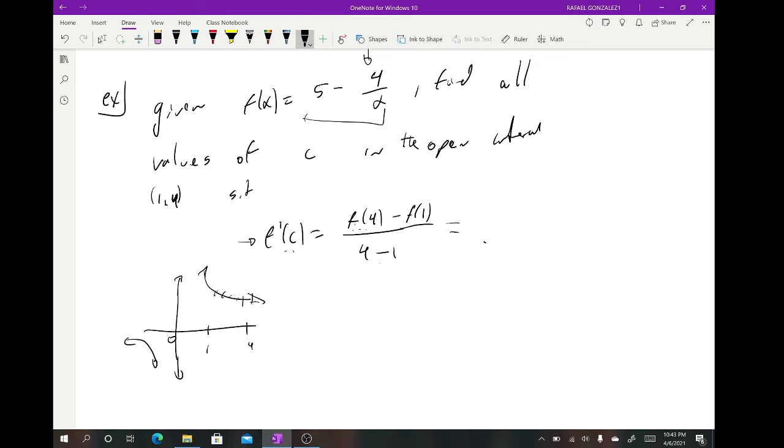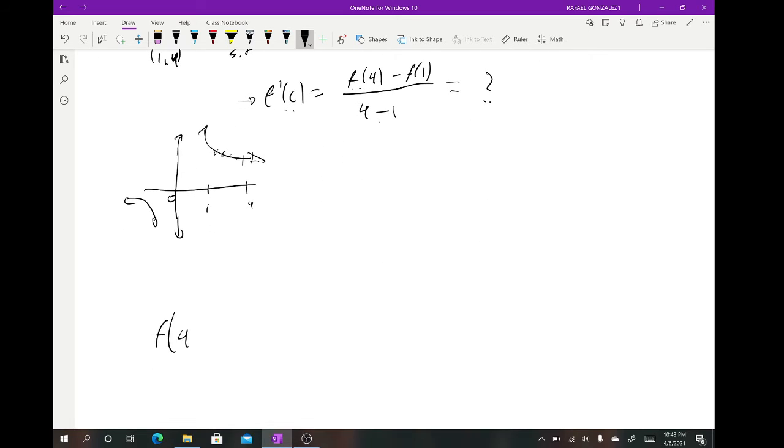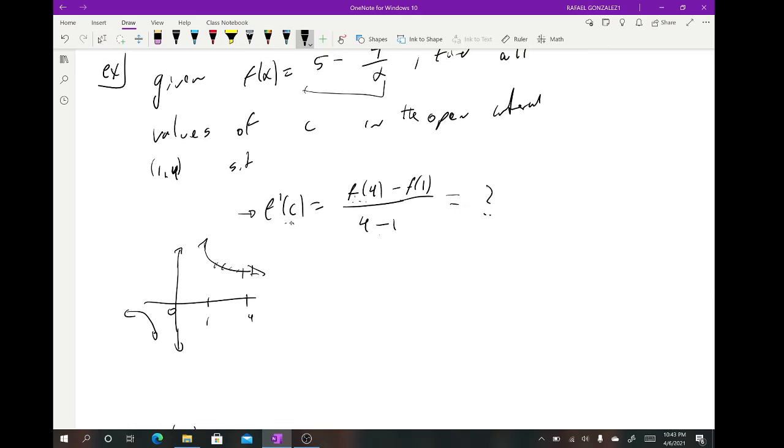Well, what is f of 4? Let's actually do that on the side to make our work cleaner. So we have to find out what f of 4 is, and we have to find out what f of 1 is, in order to solve what the derivative is going to be equal to. So notice that to find out what c is, we don't actually have to take the derivative.